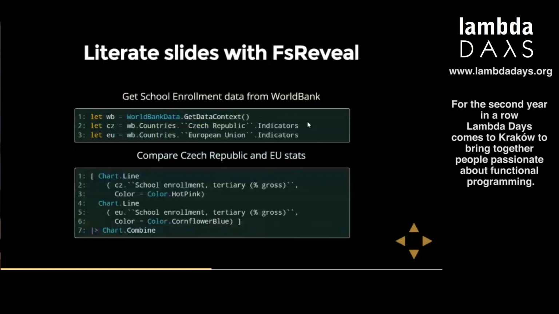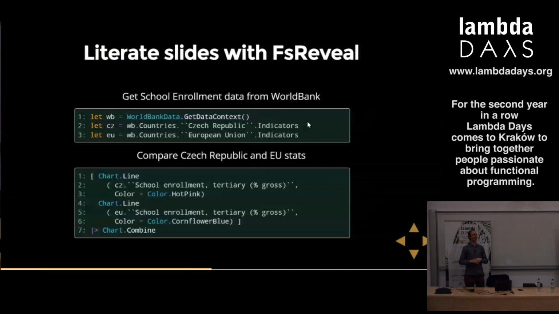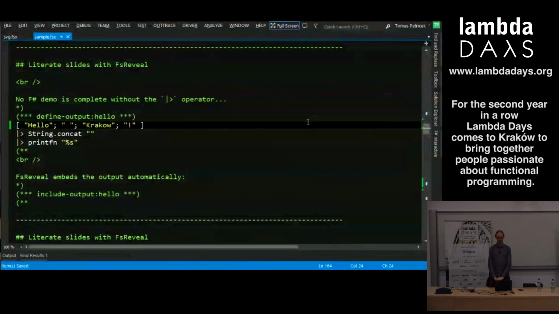Here's a slightly more interesting example, because embedding text output is, I'm sure Knuth would like that, but we're a couple of years later, so we need to embed charts as well. There's a question. Can you go back to the code? Yes. Where you change to Krakow? Uh-huh. So you say define output hello. So what does it? Yes.